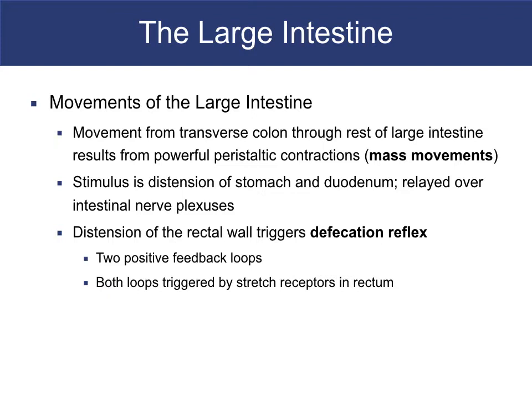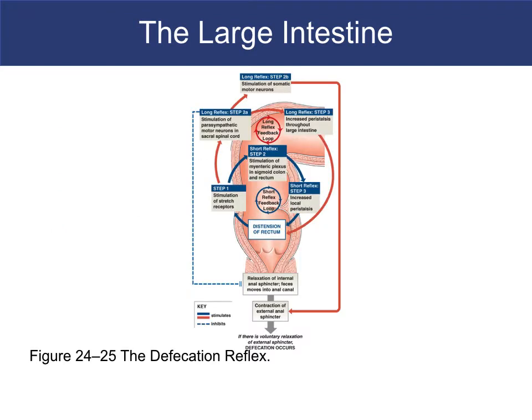You're just sitting around, and then suddenly you get this, whoa, I need to go find a bathroom kind of feeling. That's because a little stuff moved down into your rectum and stretched it a little bit. It sends messages to your brain, and these stretch receptors in the rectum get stimulated, and lo and behold, we've got to go.